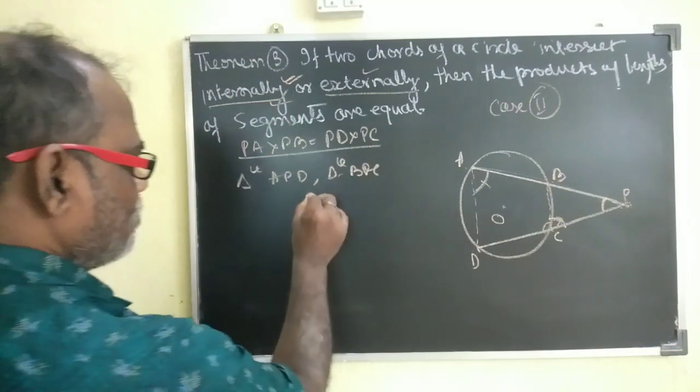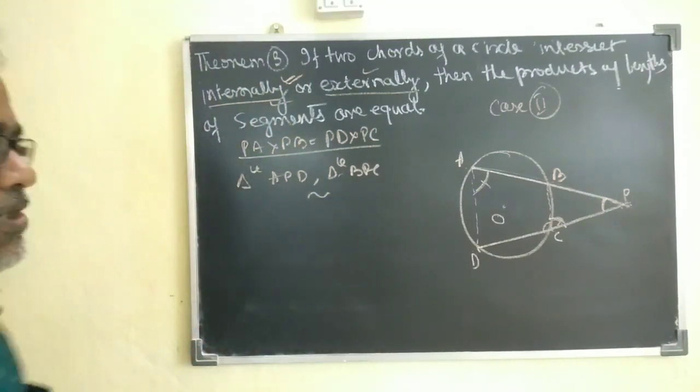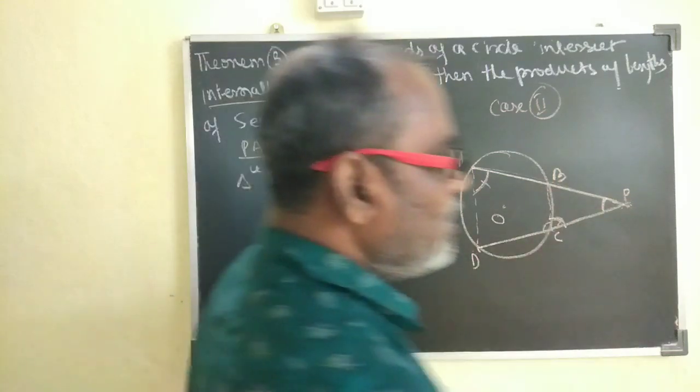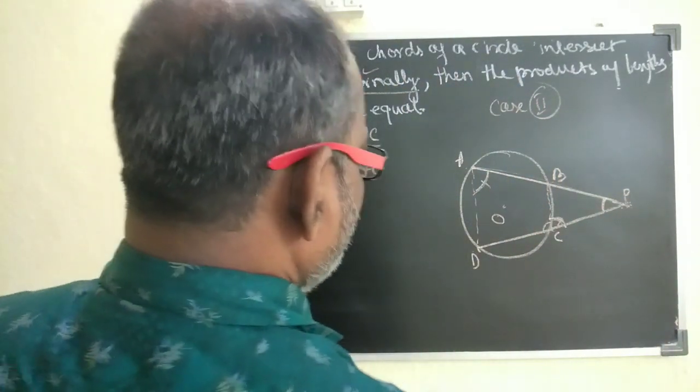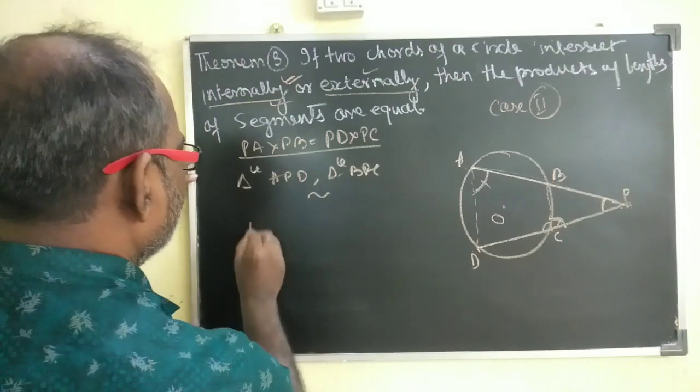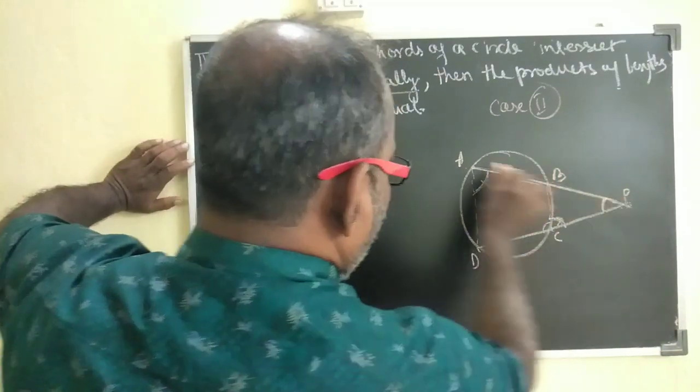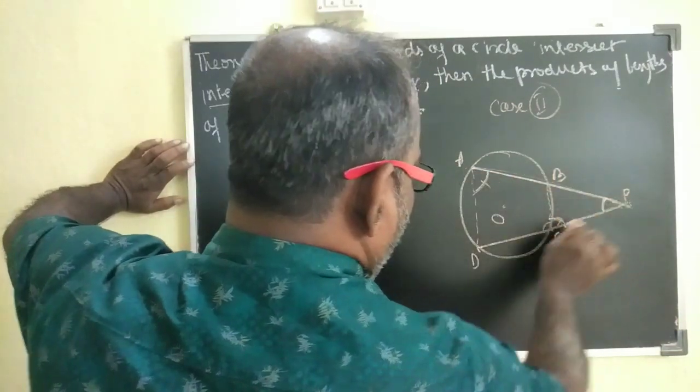These two triangles are similar to each other. When two triangles are similar, the corresponding sides are proportional. We can write PA by PC.